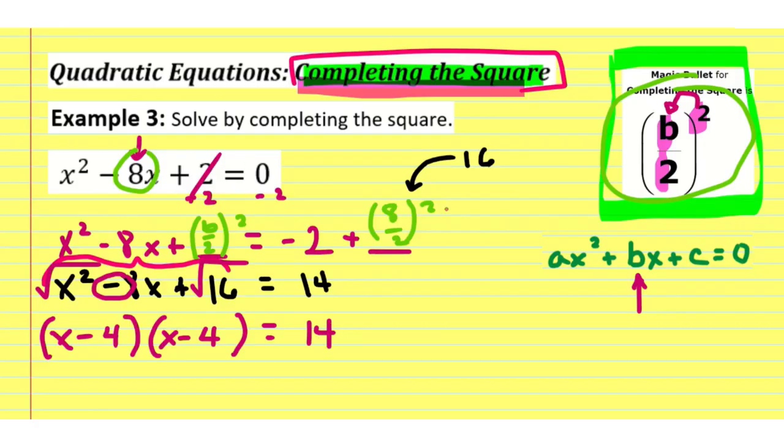Okay, but now we can do a shortcut, right? This right here, this x minus 4 times x minus 4, we can shortcut that, right? Because we can rewrite that as x minus 4 squared, right? Okay, and that's equal to 14. So here we go.